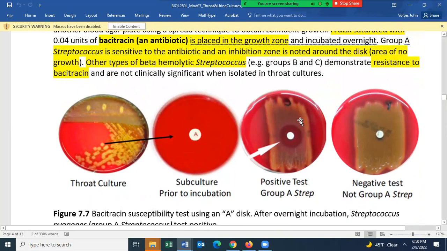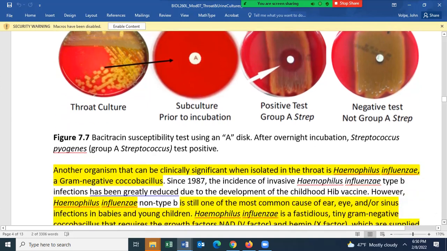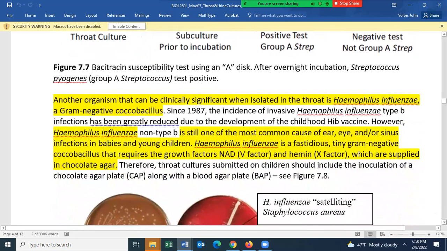And if it's sensitive to bacitracin, then it is Streptococcus pyogenes, also called group A strep. If, on the other hand, the zone of inhibition is less than that, or there's no zone of inhibition, then it is not Streptococcus pyogenes. Okay, any other questions?